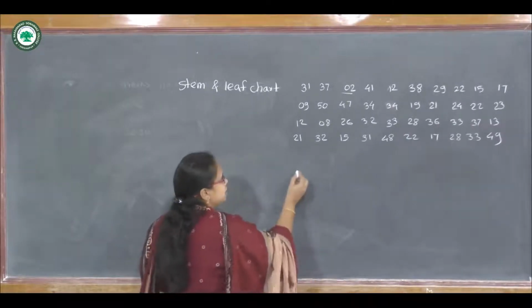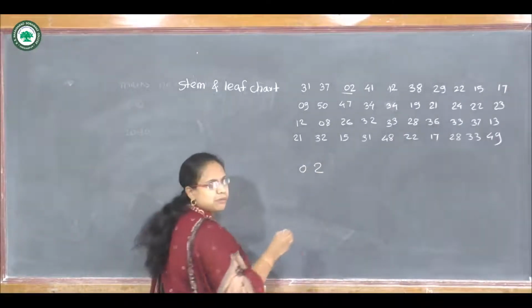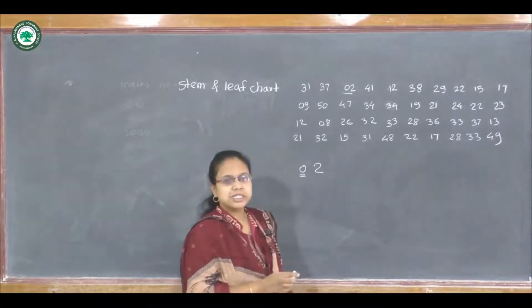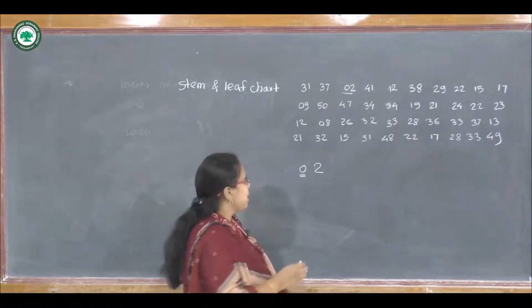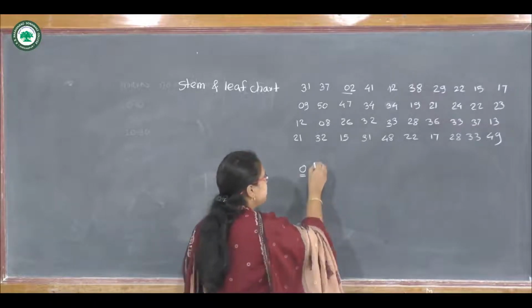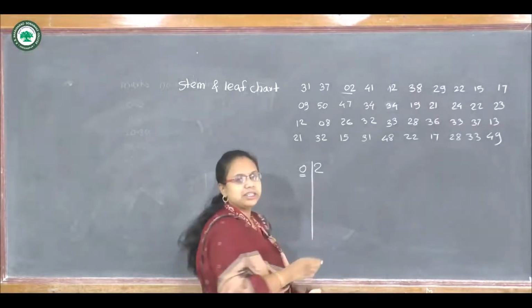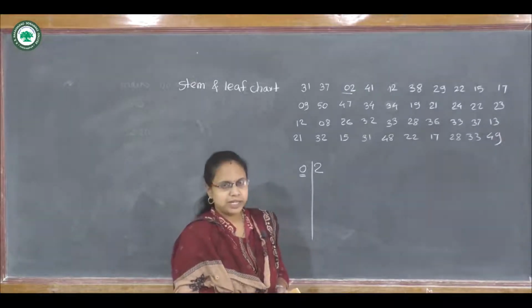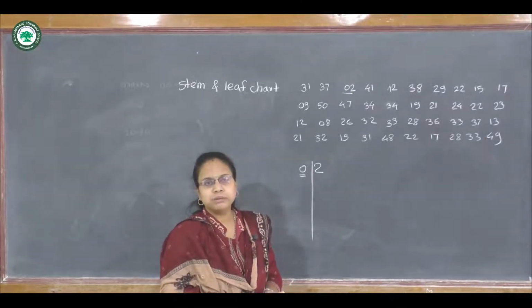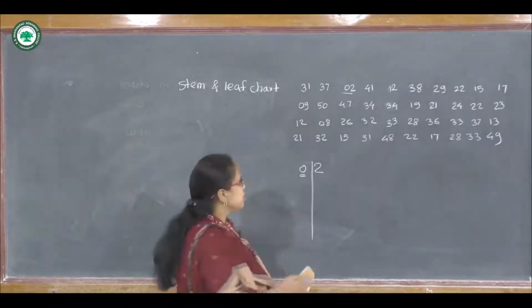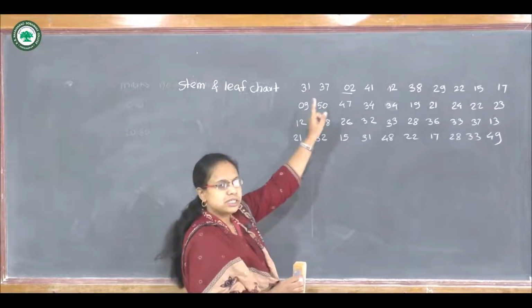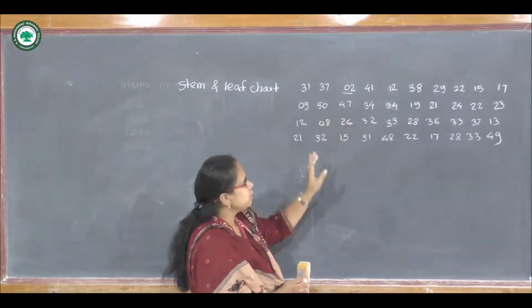Note that the leading digit of each number is the stem for the given data, and the digit on the unit side can be taken as the leaf. We have to observe the number of stems first. By observing the data we can see that the stem can be from 0 to 5.